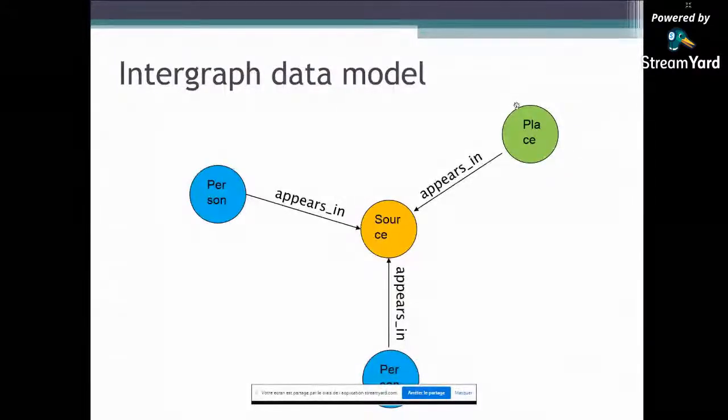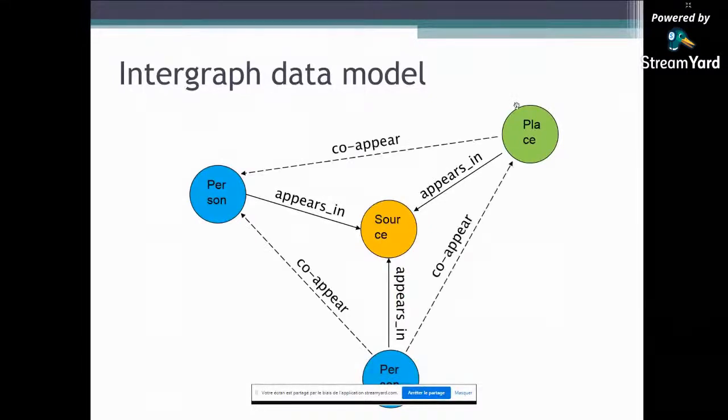And if two persons appear in a document, we can calculate another link, which is called co-appearing. In graph theory this is called a projection. Two persons or two entities co-appear in a document.